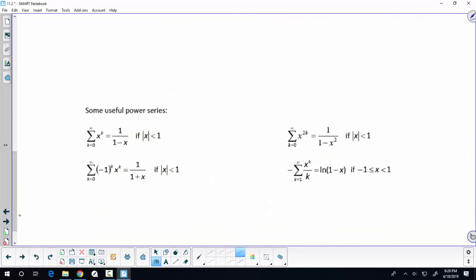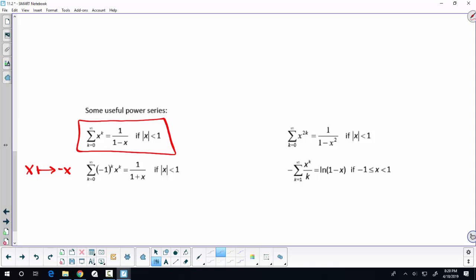Here are some useful power series. This is our geometric series. You should know that one for sure. The second one below it is just, if I replace x with negative x, then I have 1 over 1 plus x, which gives me the alternating geometric series.